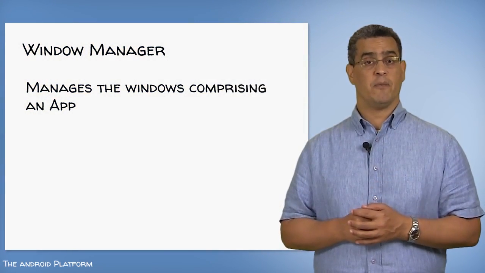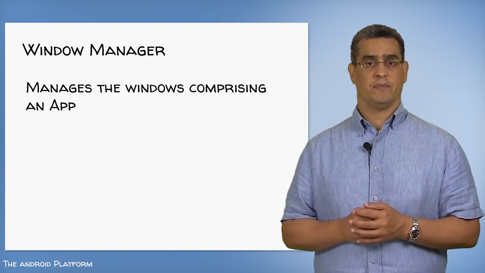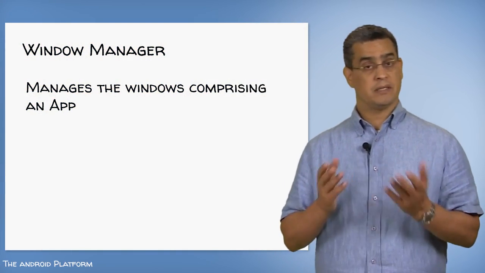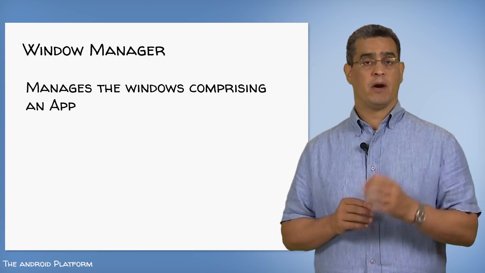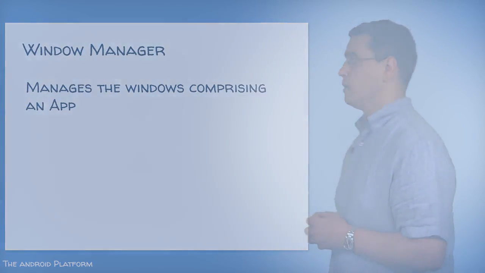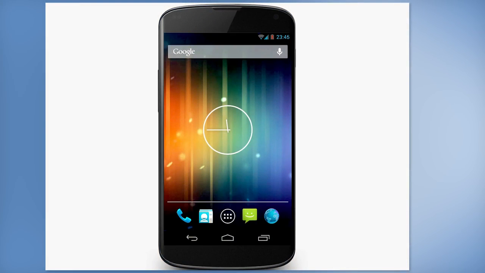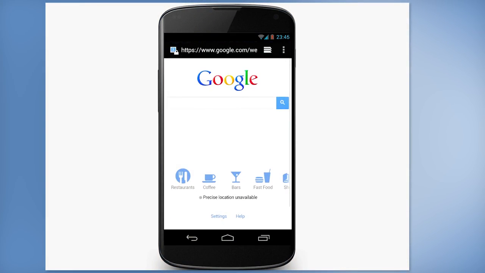Another application framework component is the window manager. The window manager, as the name suggests, manages the many windows that comprise applications. Here I'm launching the browser application, which appears as two windows.